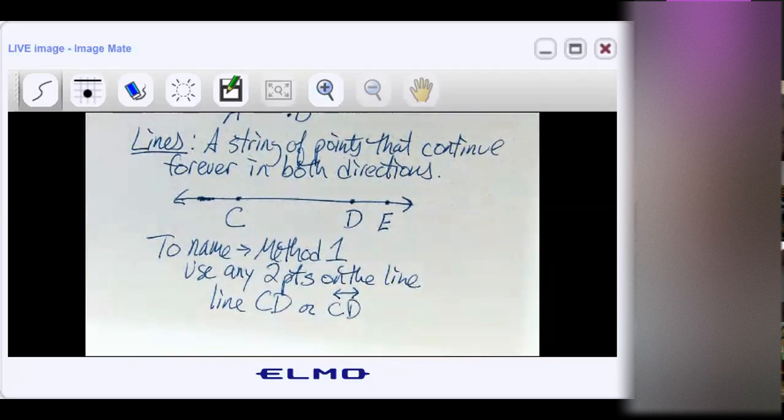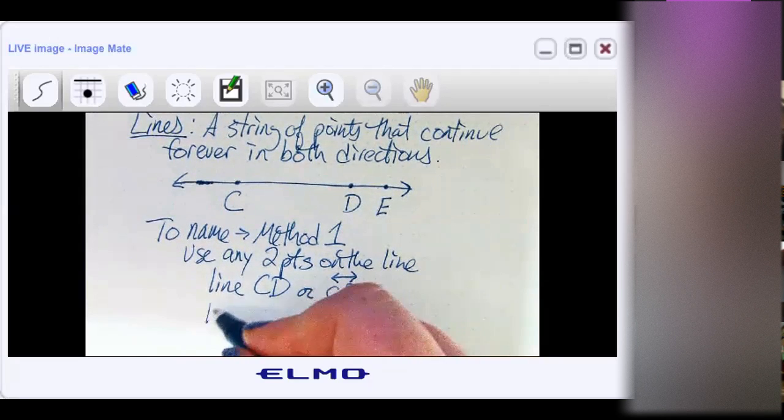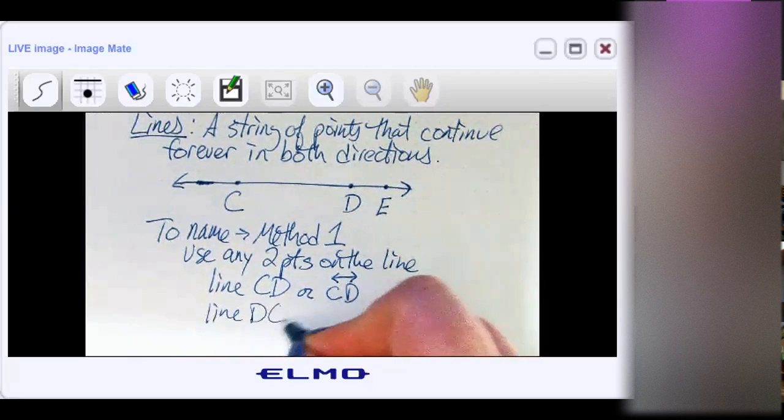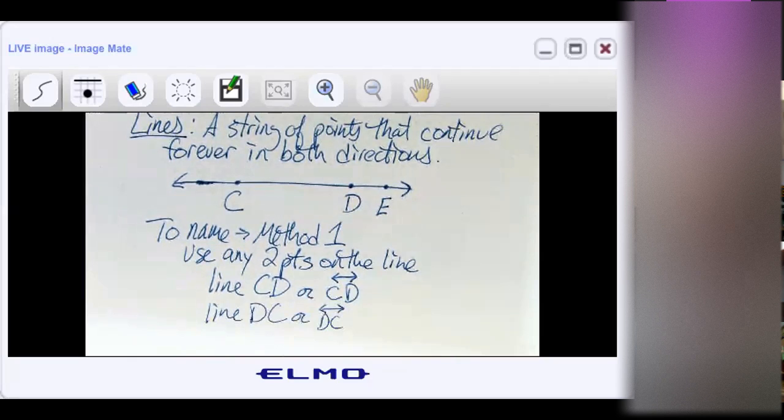So that's another way to indicate which line you're talking about. And order doesn't matter. So you could have also done line DC. It's the same line. You're not going to use 3 points though. So you wouldn't call this line CDE. There's no reason to, right? You only need 2 letters. Don't even bother with the third.